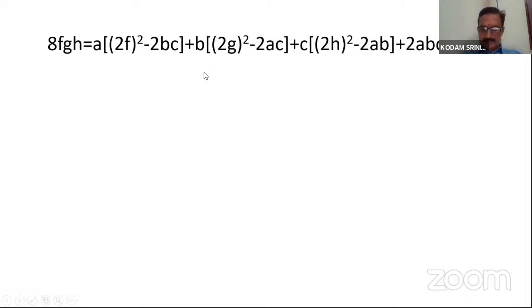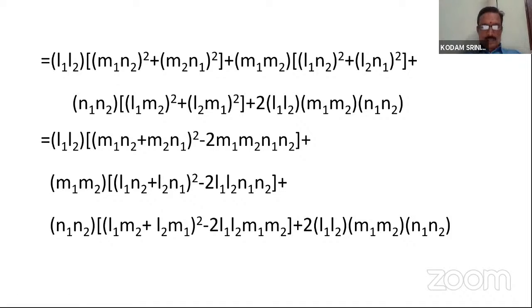Again, M1 M2 equals B, and N1 N2 equals C. Next, L1 N2 plus L2 N1 is nothing but 2G, so this is 2G square minus 2AC. L1 M2 plus L2 M1 equals 2H, so that is 2H whole square minus 2, where L1 L2 equals A and this is B.